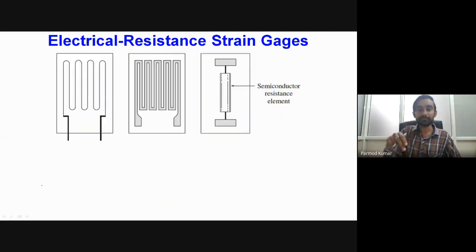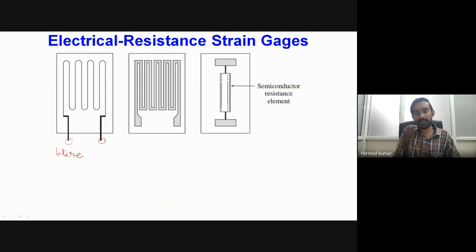Now, we have different types of electric resistance type strain gauges available. In the very first photograph shown over here, you can see two terminals, and then we have some wire type structure. This particular type of strain gauge is known as the wire type strain gauge.